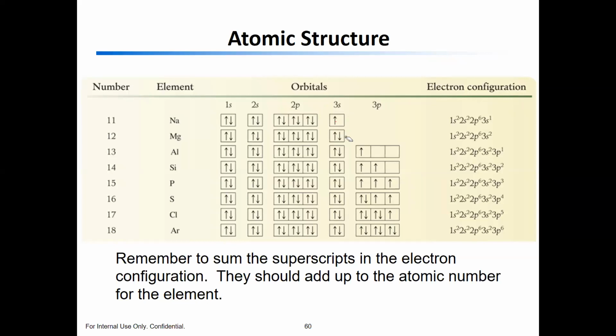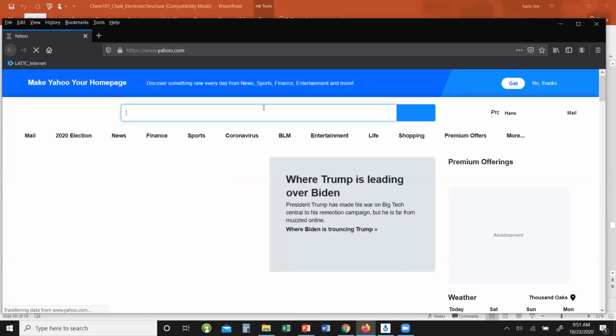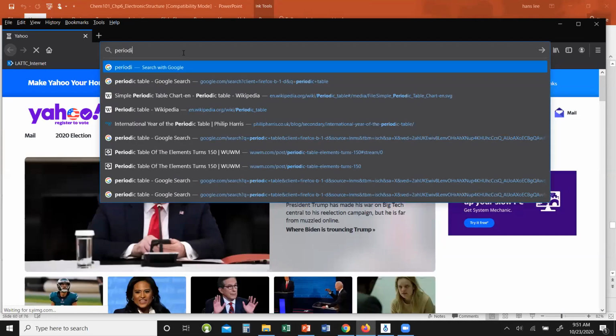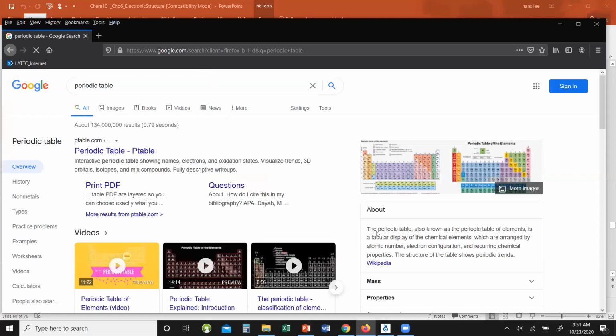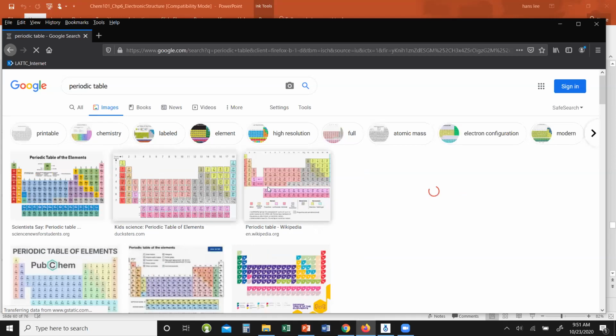So I don't know if I have a picture of you. You have a periodic table to look at. Let's look at our periodic table here. On this one, hopefully you can see it.